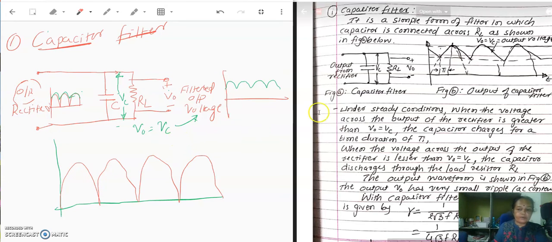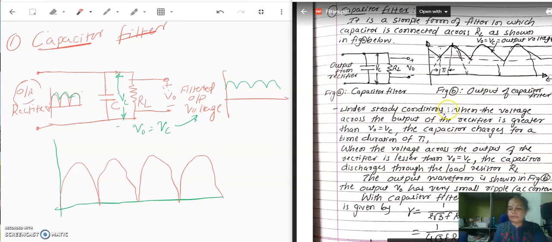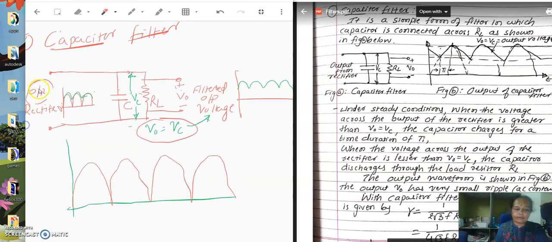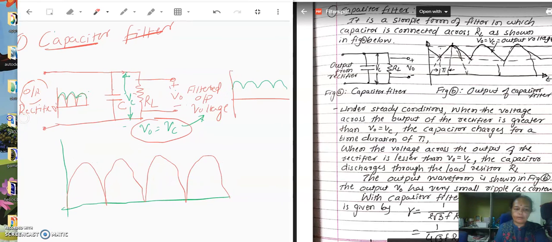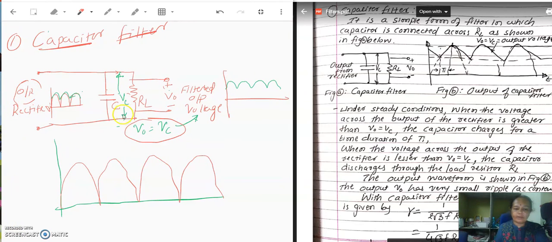Under steady condition, when the output of the rectifier is greater than V0, which is equal to Vc, the capacitor charges.